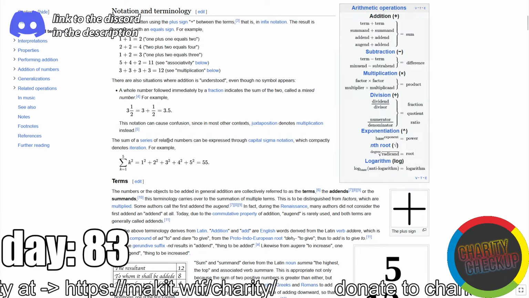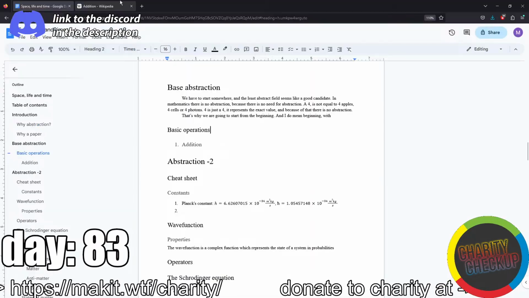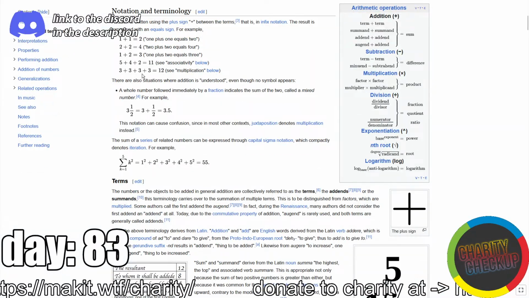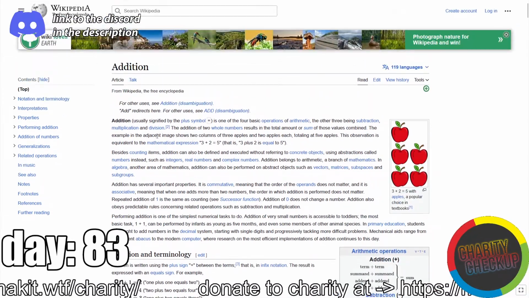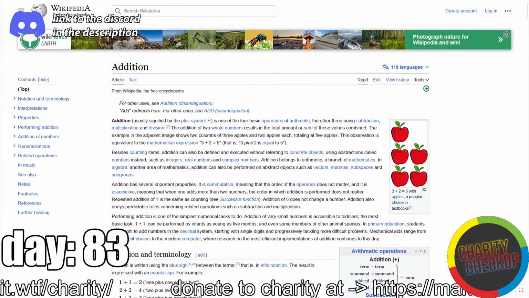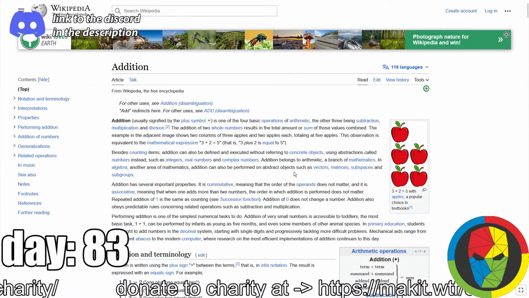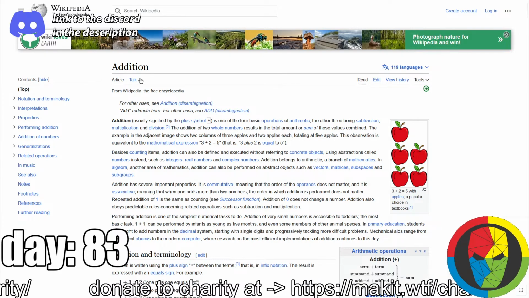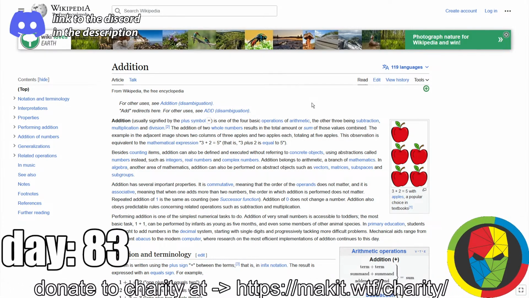Why? Well, it's because there's this paper that I'm writing. Now I opened the Wikipedia page for this. In order to explain addition, I actually wanted to read the Wikipedia page because I don't really know how addition works.